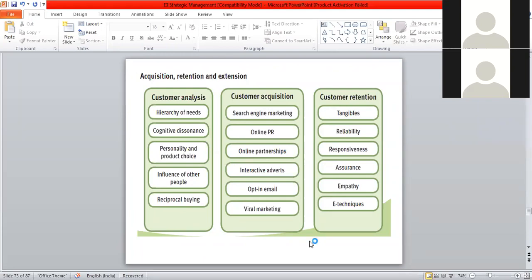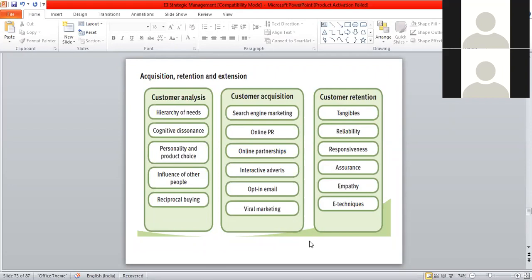Through all these sources, the customers are acquired, or acquisition of customers happens. First, the needs and preferences of the customers are analyzed, and then they are connected with the customers, so that they can become their customers now and also in future.